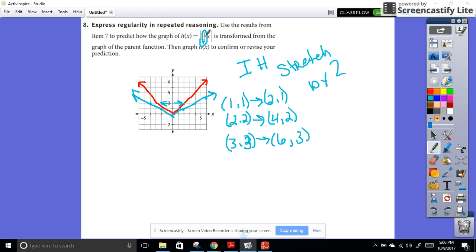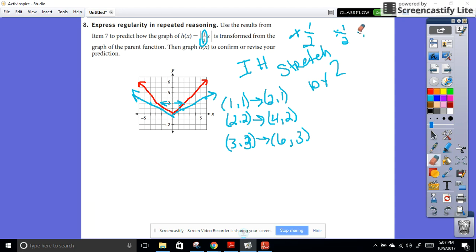Okay, it says multiply by 1/2, so the opposite of that would be to divide by 1/2. Now remember, when you divide by fractions, what does that do? How do you divide by 1/2?